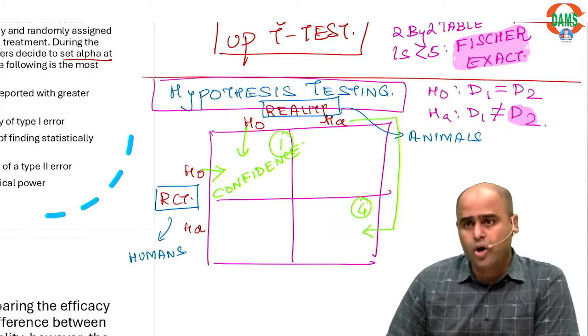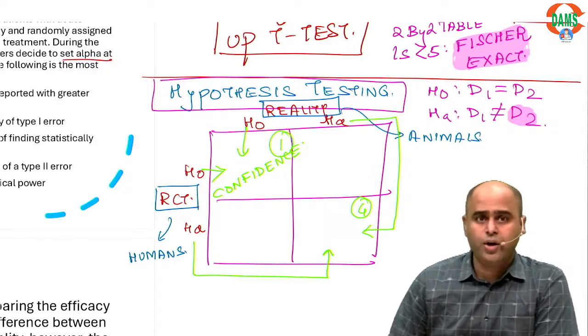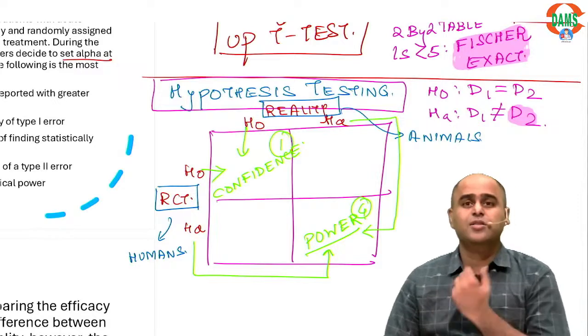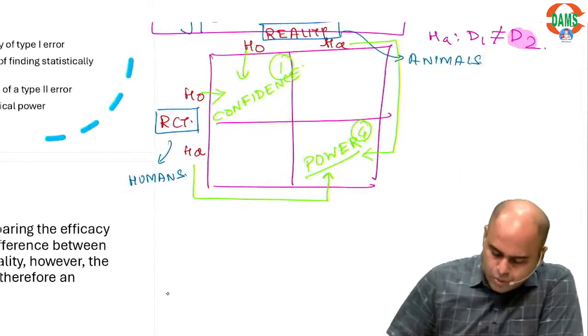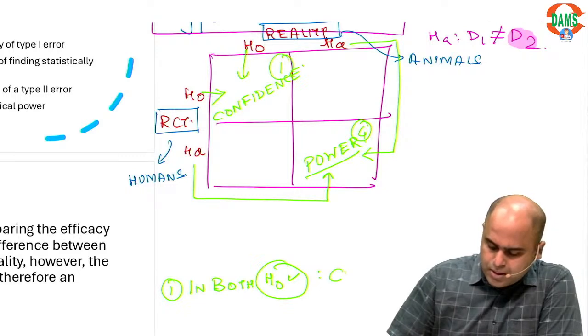Drug 1 not equal to drug 2. Here also I got drug 1 not equal to drug 2. So in both I am getting drug 1 not equal to drug 2. It is power. So what was cell 1? In both H0 is correct. This is called as confidence.